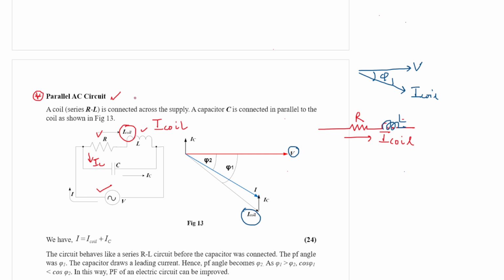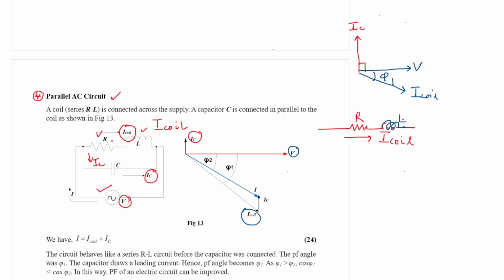Since the capacitor is alone present, this charging current, from the rule of the series RC circuit discussed previously, must be leading the voltage by 90 degrees. The voltage appearing across the capacitor is V, so the capacitive current IC is 90 degrees leading the voltage.